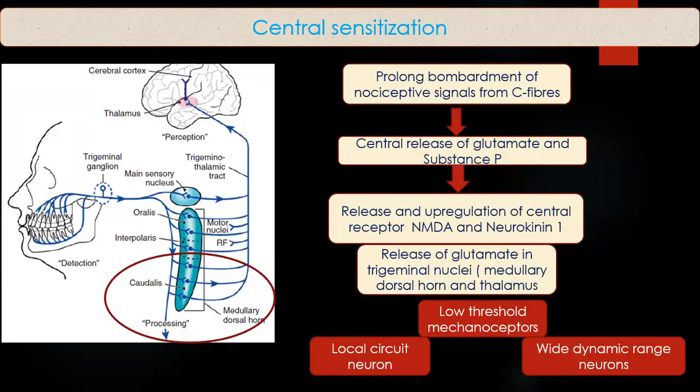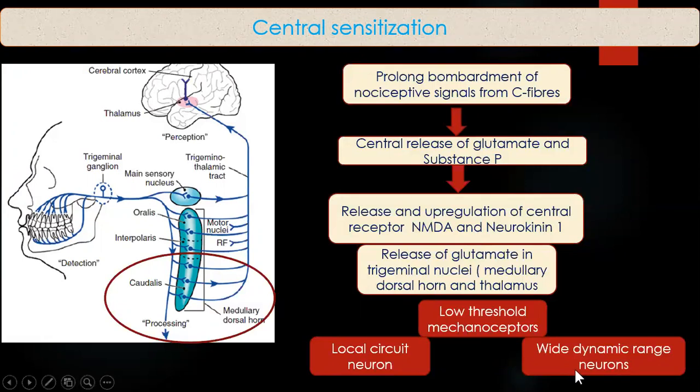How they lead to the pain sensation is this: the local circuit neurons decrease the pain threshold, right? Next, the wide dynamic range neurons are specifically responsible for signaling the severity and the location of pain. Okay, it is mild, moderate, like on the VAS scale as we measure. So these are responsible for that.